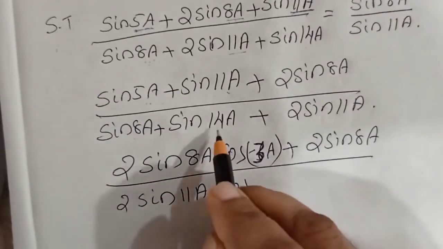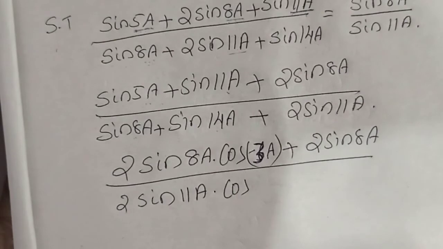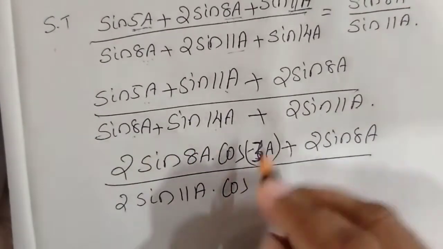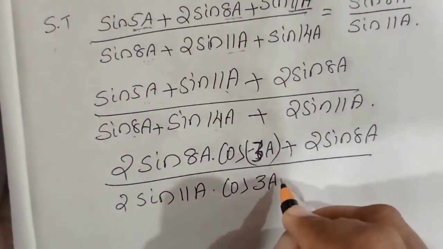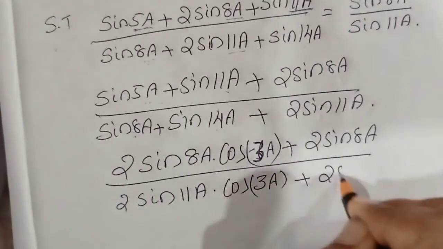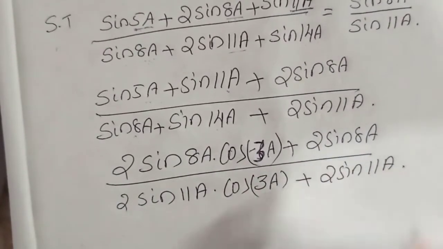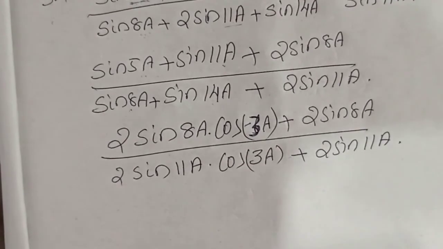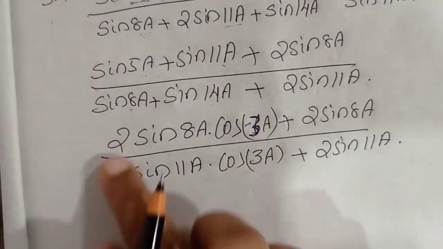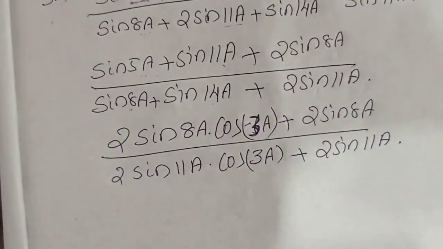And cos 14 minus 8, 6, 6 by 2 is 3A. Isn't it? Plus this 2 sin 11A. Look here. Actually, in this step, how many terms are there? Can you say how many terms?